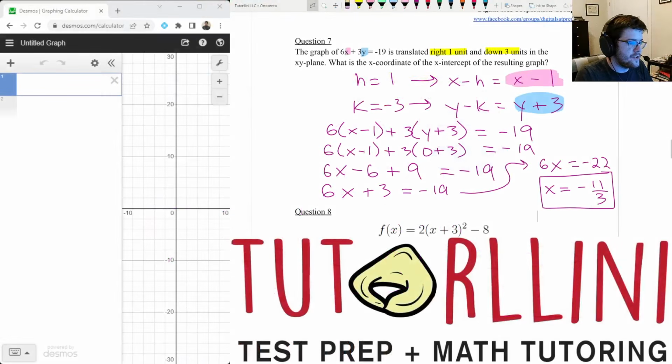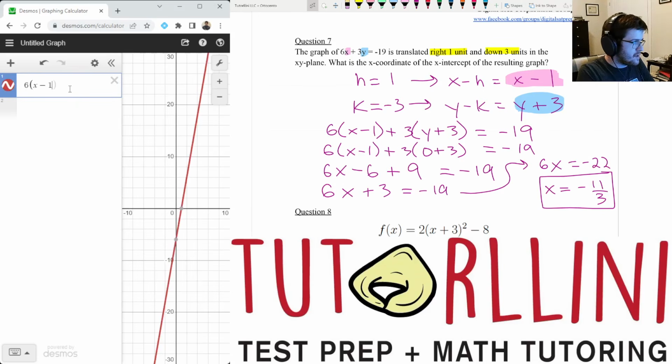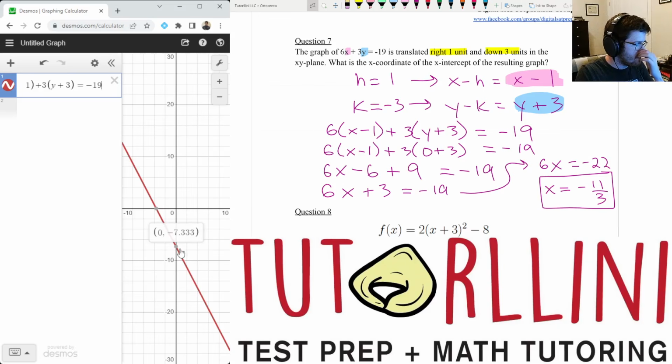Let's see if we can check it using Desmos. So, okay, just double check. H is 1, that's right. X minus h, x minus 1. Good. K is down, negative 3. Y minus k, y minus negative 3, y plus 3. Good. Seems like we did a good job. 6 times x minus 1 plus 3 times y plus 3 equals negative 19.